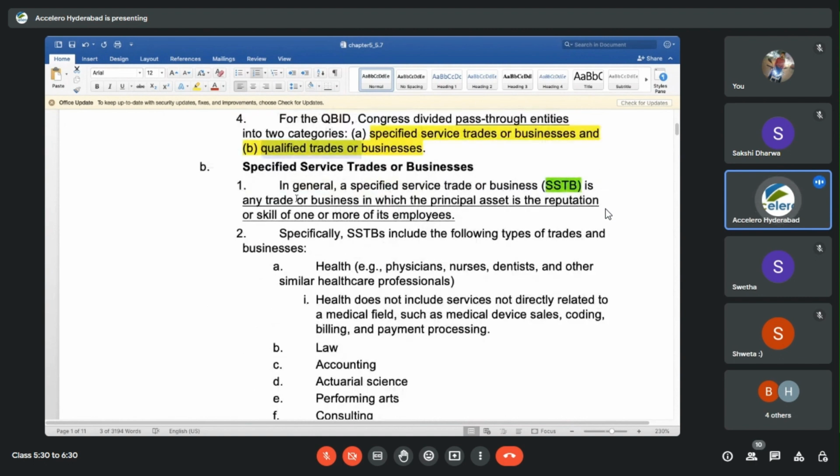Typically, SSTB is a business or trade where the skill or reputation of the person or the firm is predominant. Now if you're buying and selling something, say you set up a grocery store, you get all kinds of stuff, and somebody comes in and says, give me this cheese, give me bread, and you give it.